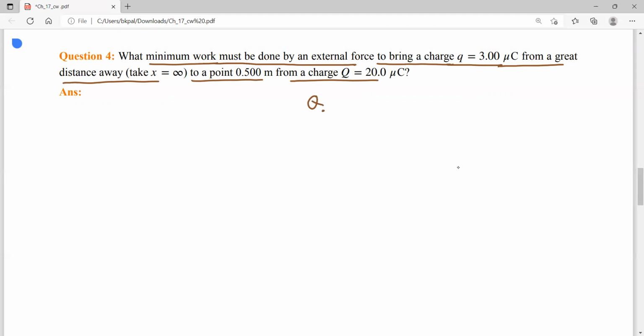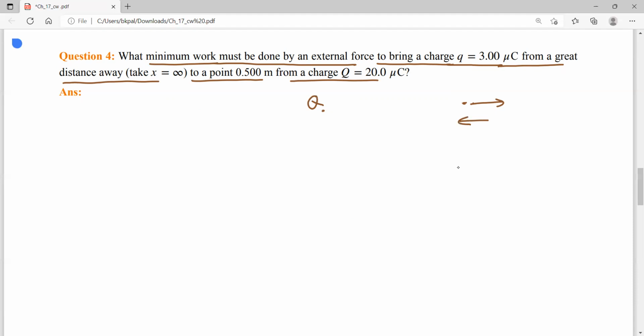Because big Q and small q are both positive, and positive charges repel each other, if you put a positive charge here, it will automatically move in this direction because of the repulsion. But if you want to bring a positive charge in this direction, you have to do work.